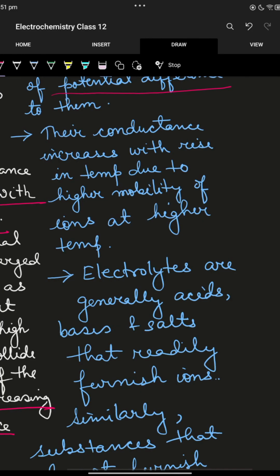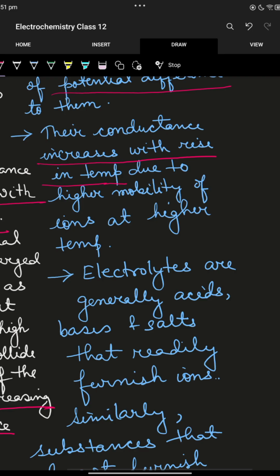Now, their conductance increases with rise in temperature. This is in contrast to the metallic conductor. In metallic conductor, the conductance was decreasing with rise in temperature due to the increase in the resistance to the flow of the electron. But here what is happening? There is increase in the conductance due to the higher mobility of ions at high temperature.